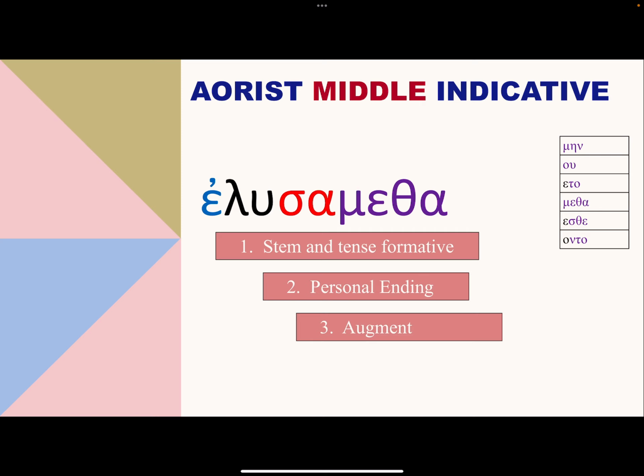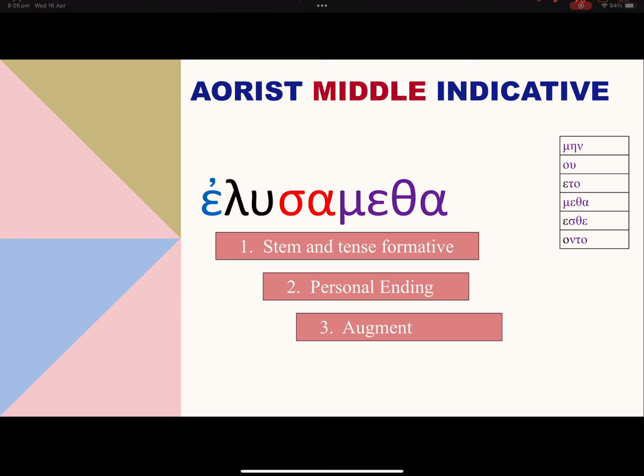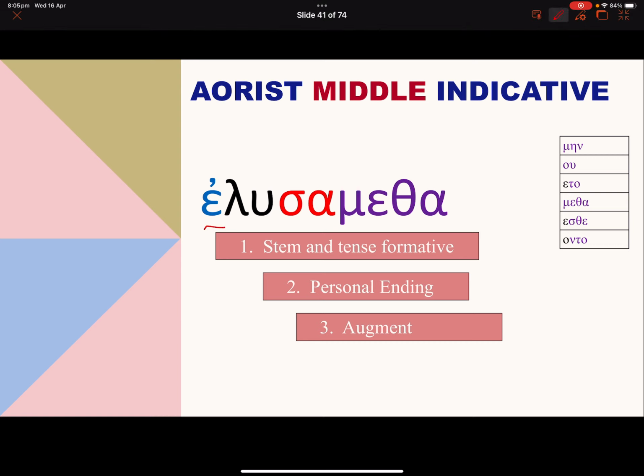Then when we move into the middle voice, we have a lot of the same things here. We've still got our augment. Let me just get my pen back. Still got the augment. It's telling us we're in past time. We've still got the stem of the word here, lu from luo. We've still got that sa, but instead of using our active endings, we're now obviously going to be using our middle passive endings.